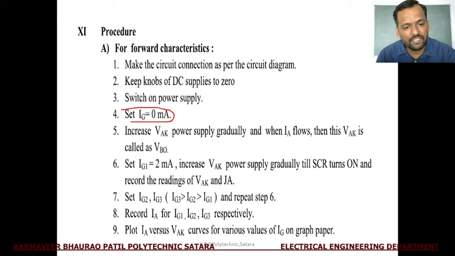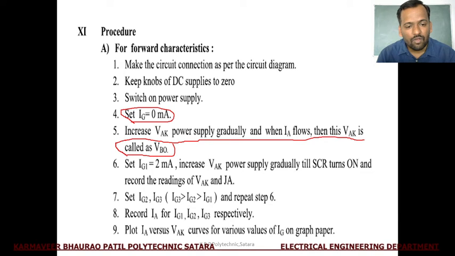If we set it as 0, meaning the gate is not connected, and we increase the other power supply which is connected across anode to cathode, then when SCR turns on, anode current flows, and this VAK is called the breakover voltage. So to measure breakover voltage, Ig must be kept at 0 milliampere.